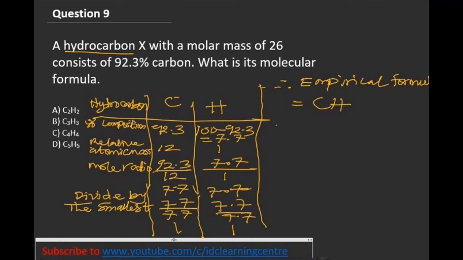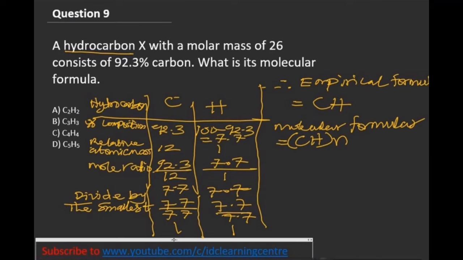So the molecular formula will be (CH)n. n means the unknown, so we are going to look for n. The question says the molar mass has been given to us, which is 26.